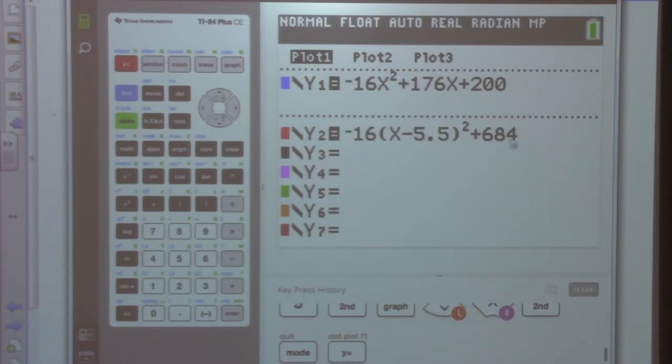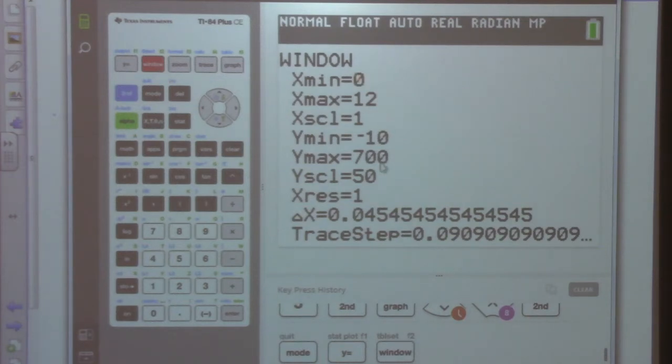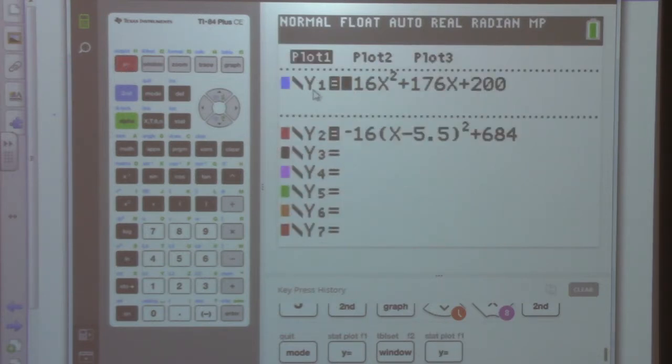Also I changed the window to match the flight of the fireworks. And when I press graph, what should I expect to see? The same thing, but I engineered it so that we're going to see which graph first: the blue one, which will then be covered up by the red one.